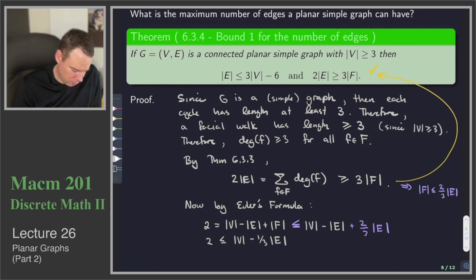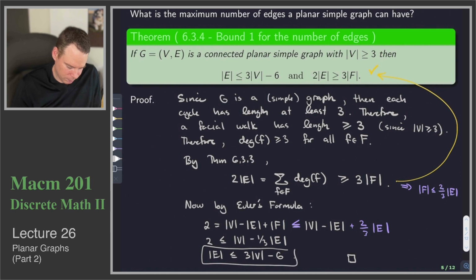And then we can go ahead and solve for the number of edges in this inequality. So I'll move the edges to the left-hand side. They come over as a 1/3 E. I'll move the 2 to the other side. That gets as a V minus 2, and then I'll multiply through by 3, and I get that it's 3V minus 6. And there is the result we wanted.